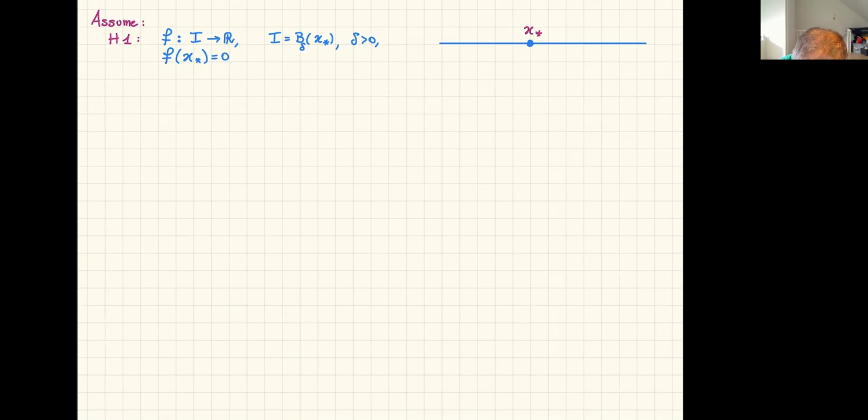It's actually not necessary. I will just say that this is x star minus delta, that is x star plus delta, and that's what we call I. That's the interval I, effectively, here. So I should perhaps annotate this. Let me do that right now.